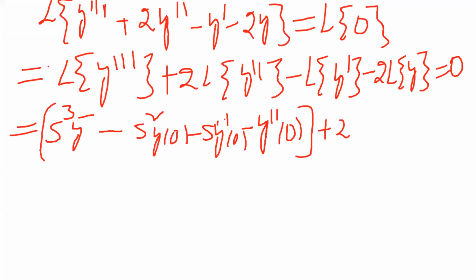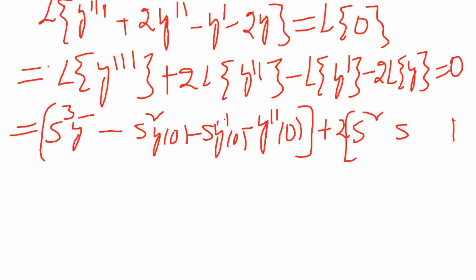Plus 2 into L of y double dash: s square, s power 1, s power 0 that equal to 1.